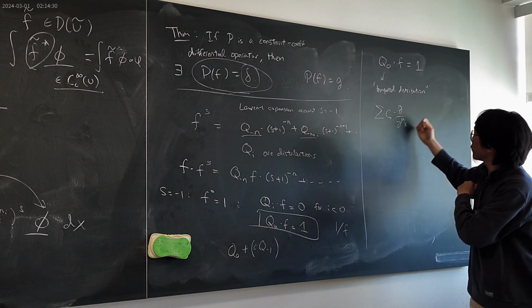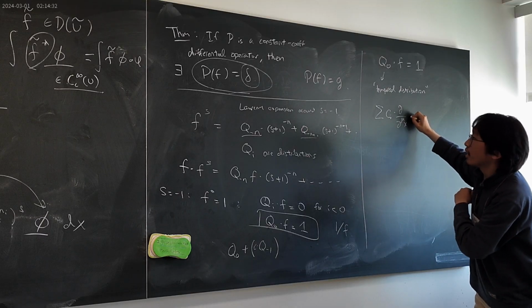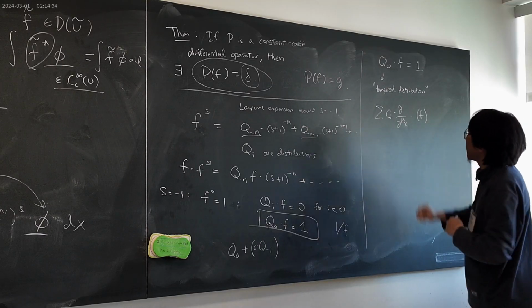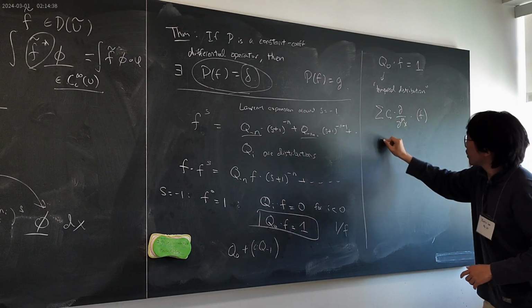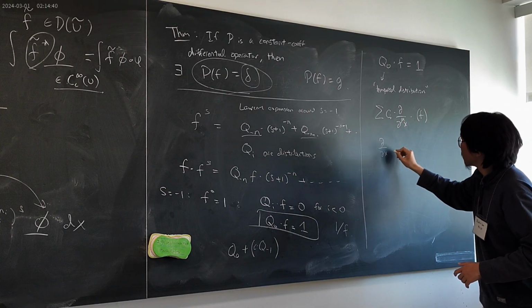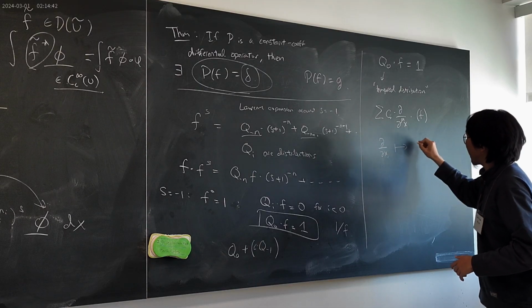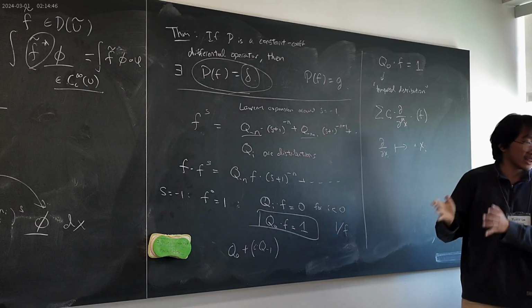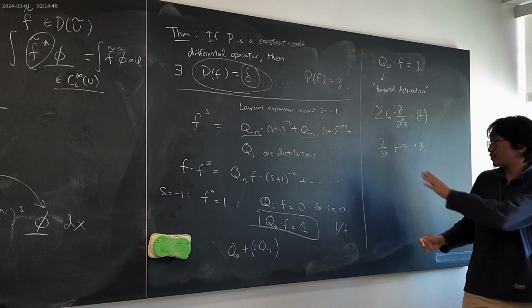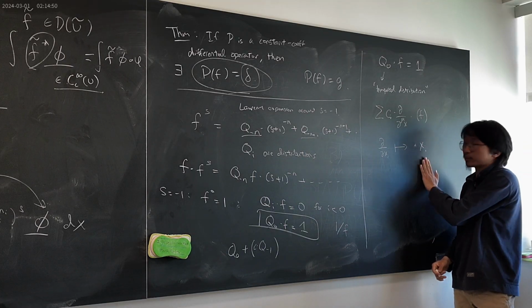So if we want to take this, apply it to f, and take the Fourier transform of this, then the Fourier transform sends any partial derivative to multiplication by xi. That's what it does to differentiation. It's quite like the Laplace transform as well, but it takes a partial derivative into multiplication by xi.